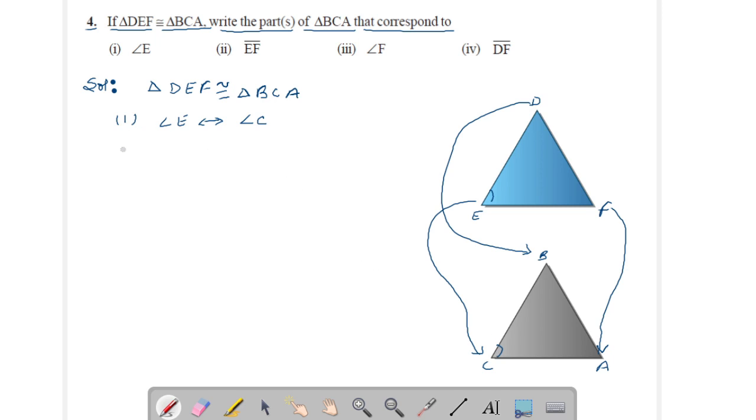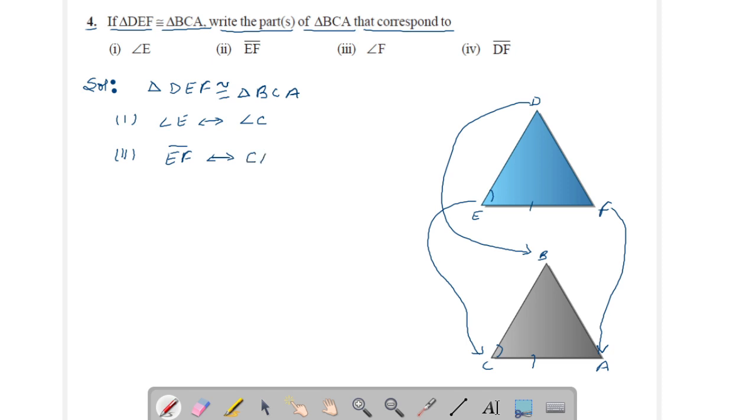Now second part, line segment EF. Line segment EF corresponds to, EF is this, so this line corresponds to this line, that is CA.